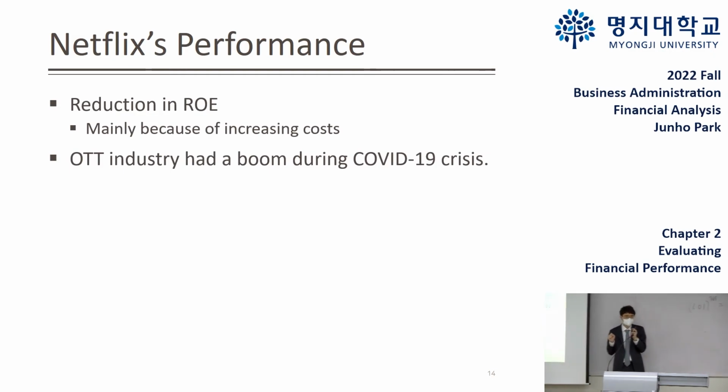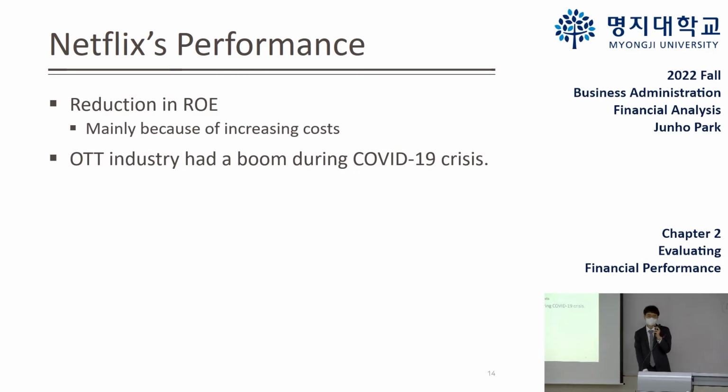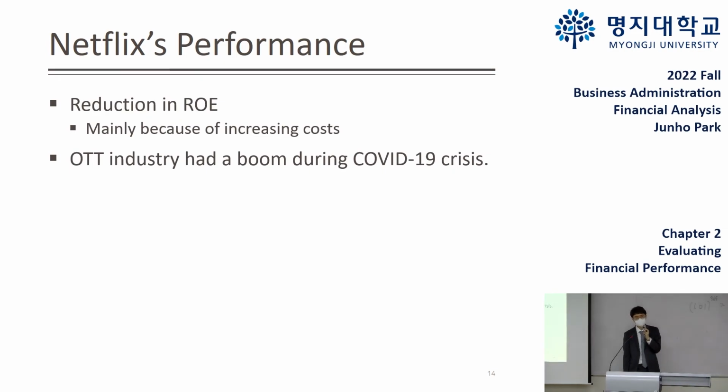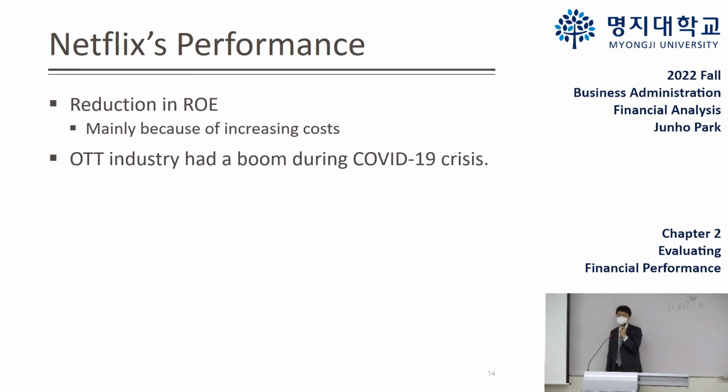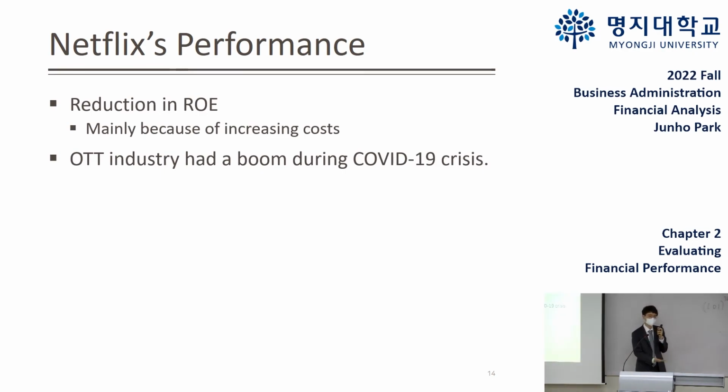And because of that, Netflix obtained a lot of subscribers, and that was the main source of their revenue. However, now the situation has changed. Now almost every country except Korea is releasing the quarantine restrictions, and therefore people are going out and they don't have to stay home, so they are canceling their subscriptions.